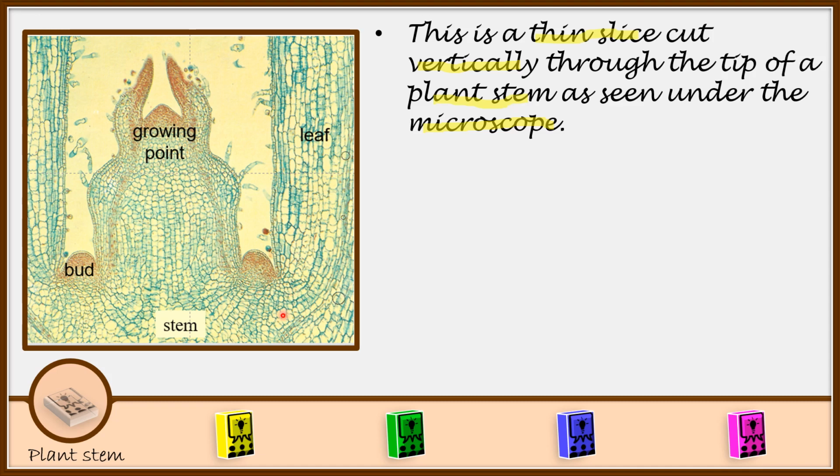In between the leaf and the stem, we have the bud. Also here the bud, and this is the leaf. But you can see that they are small squares. Those small cubicles that you are seeing, those are cells.